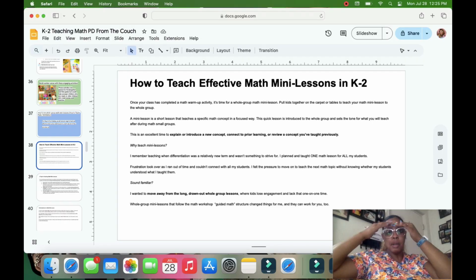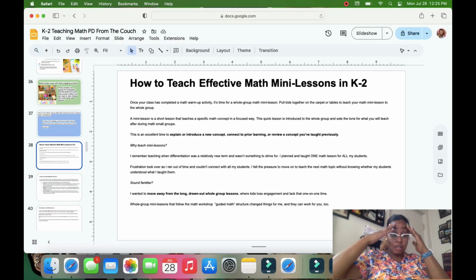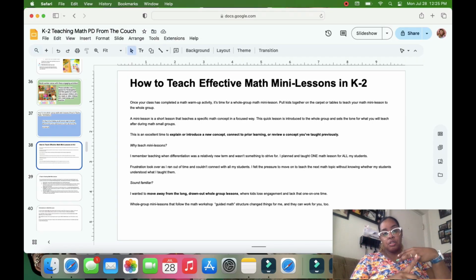So the reason why you should teach mini lessons, honestly, is that you're trying to teach in small pieces, but what you want to do is plan and teach one math lesson to all the students.